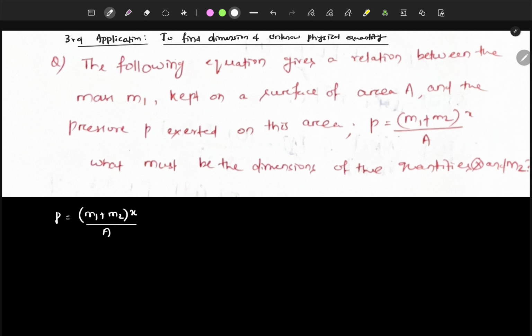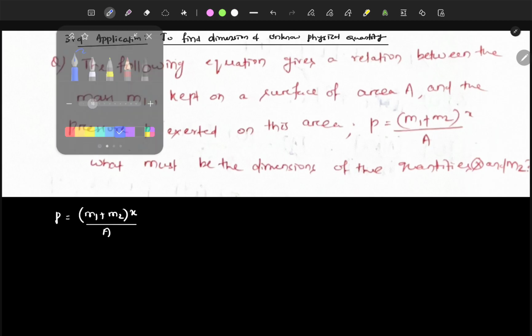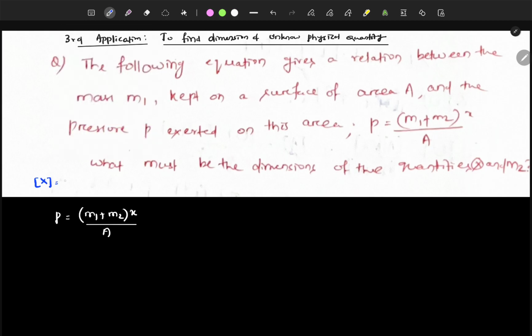Find the dimension of quantity x and m2. So we have to find the dimension of x and the dimension of m2.